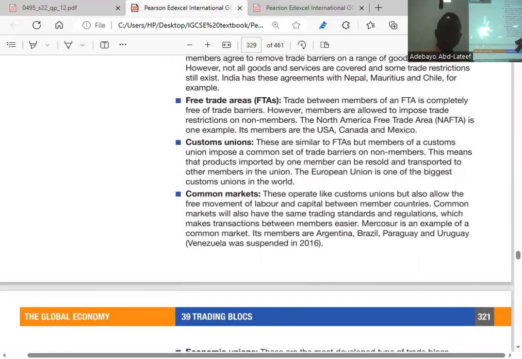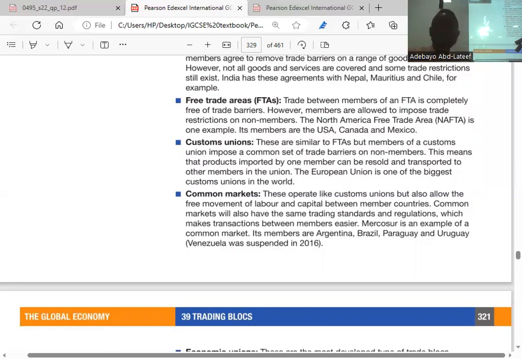Customs unions. These are similar to FTAs, but members of a customs union impose a common set of trade barriers on non-members. This means that products imported by one member can be sold and transported to other members in the union. So for customs unions, that means we are using the same customs procedures. So whatever I buy from you, you can sell to me. I might not be able to buy from your country because your country is not selling to me.